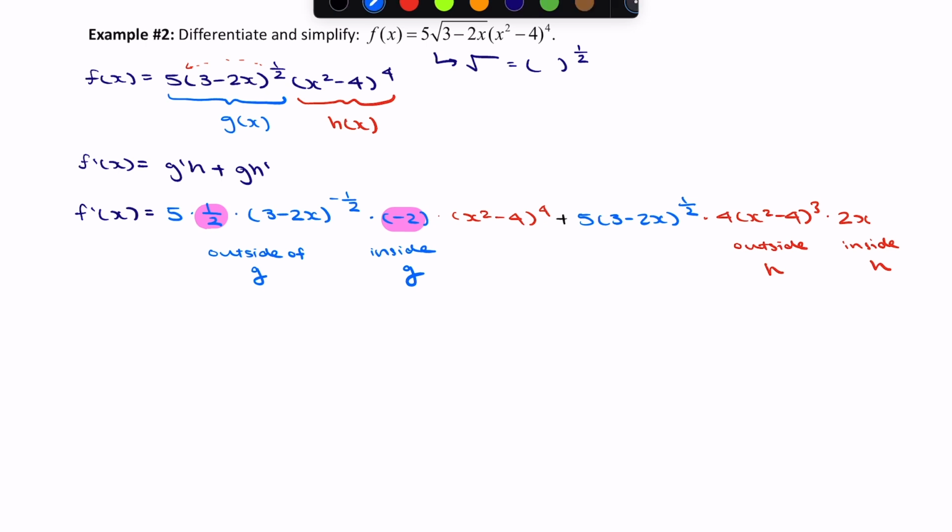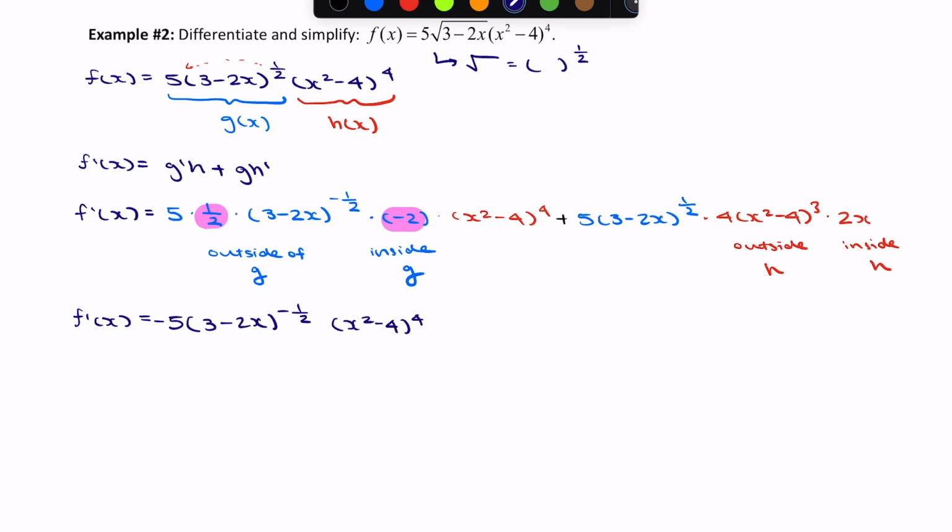So if we rewrite our expression, we have f prime of x is equal to negative 5 (3 minus 2x) to the power of negative 1 over 2. And then we still have (x squared minus 4) to the power 4.